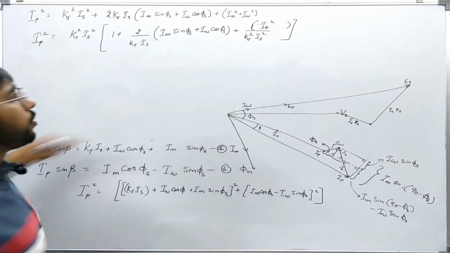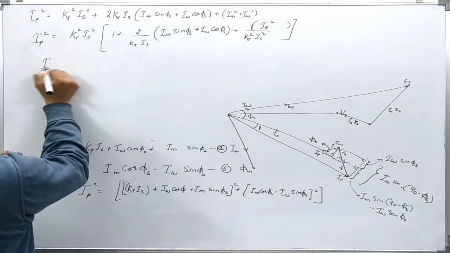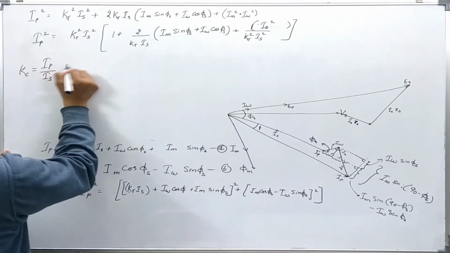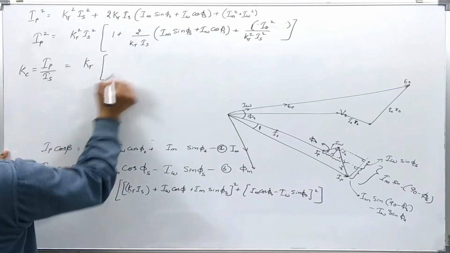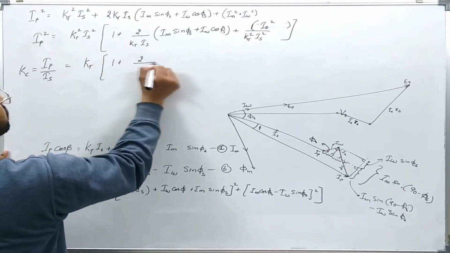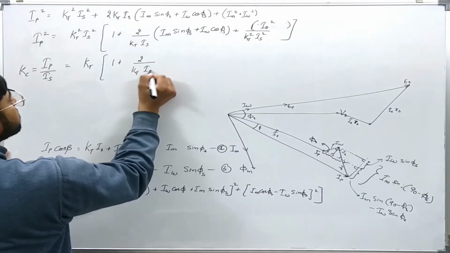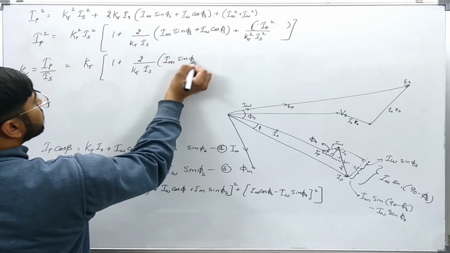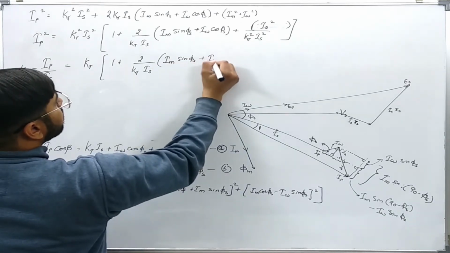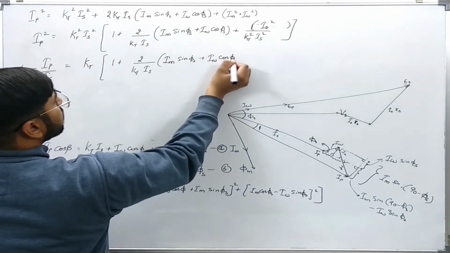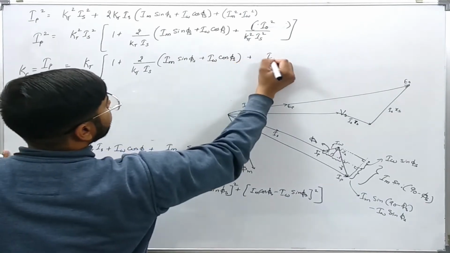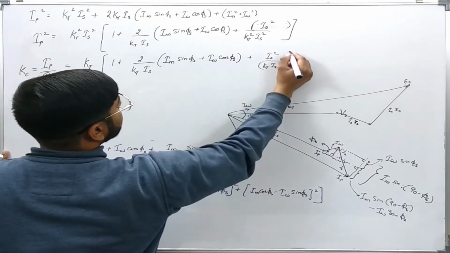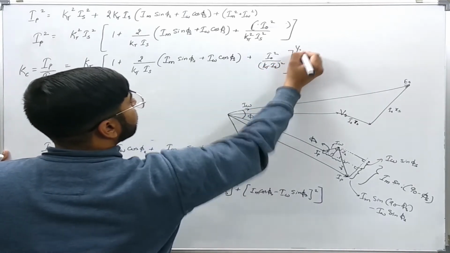Taking the square root on both sides, IP over IS is equal to Kc, which is equal to KT times 1 plus 2 KT IS Im sin phi s plus IW cos phi s plus I naught squared over KT IS squared, all to the power 1 by 2.